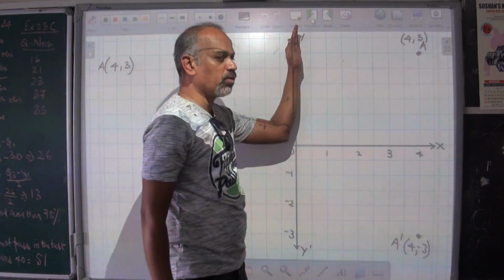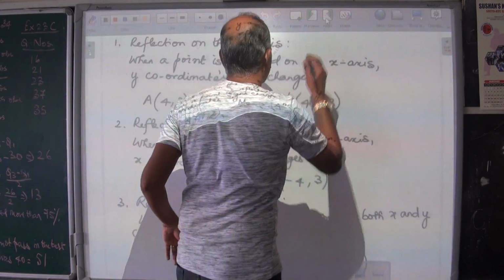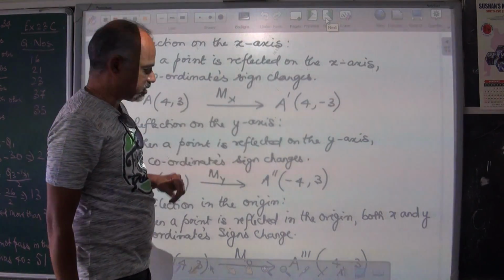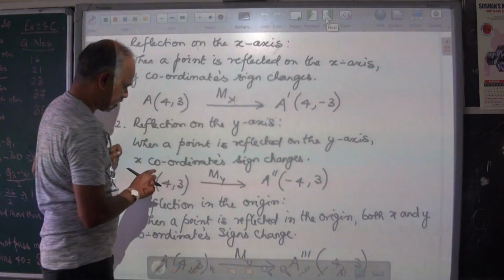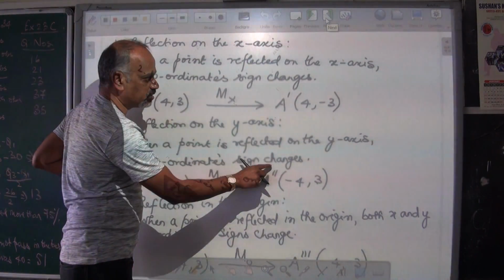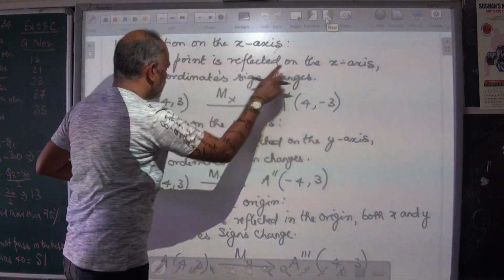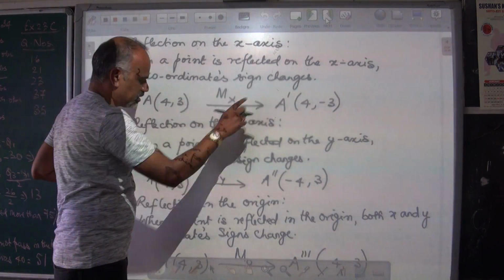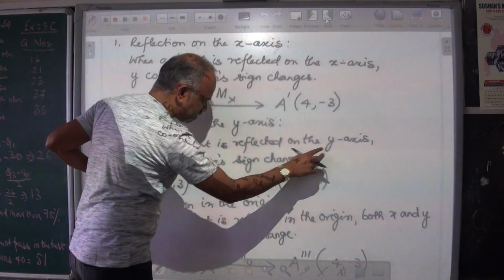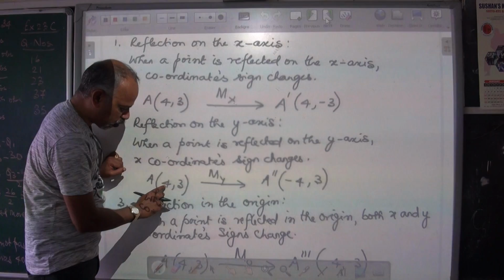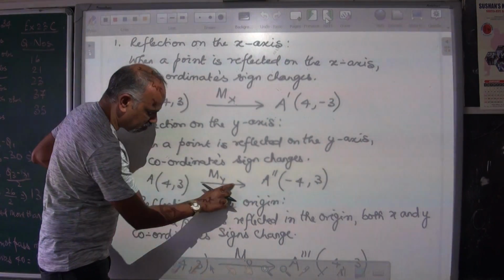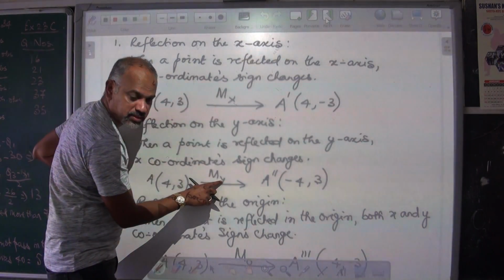That is when you're reflecting on the y-axis. So, reflection on the y-axis: when a point is reflected on the y-axis, the x coordinate sign changes. When you reflect on the x-axis, the y coordinate sign changes, and when you reflect on the y-axis, the x coordinate sign changes. That is, A, whose coordinates are 4, 3, is reflected in the mirror y-axis.